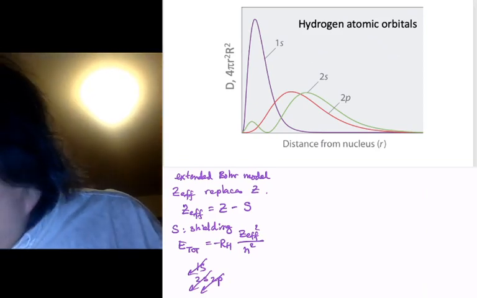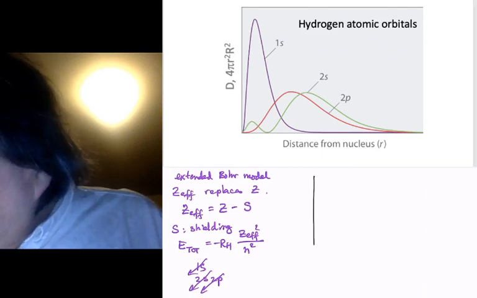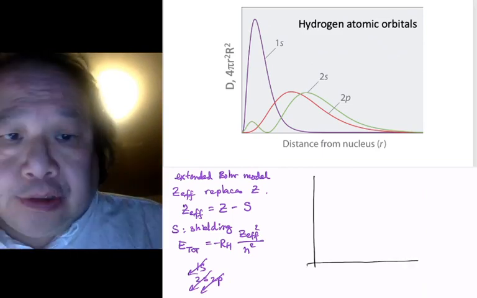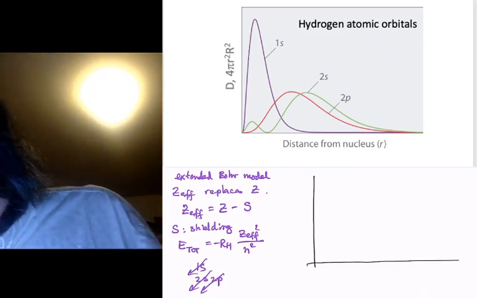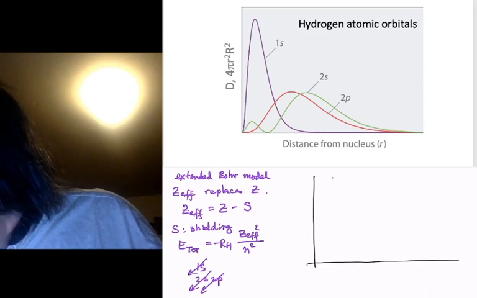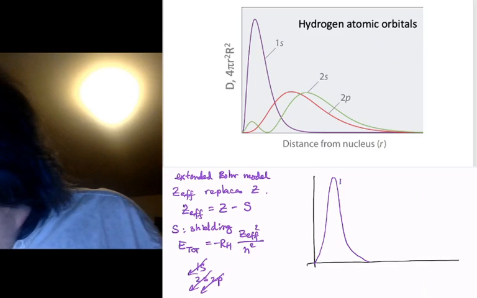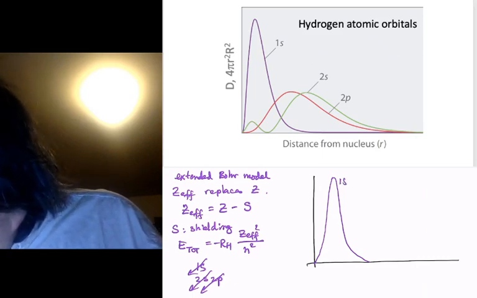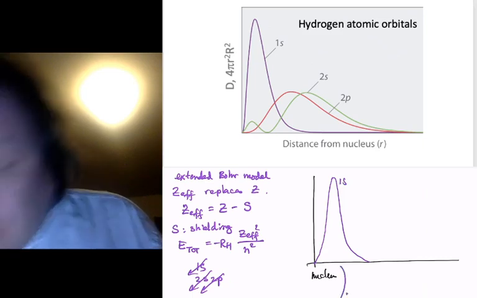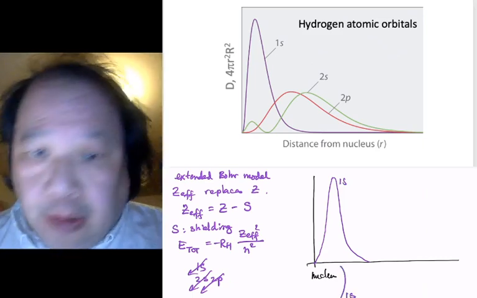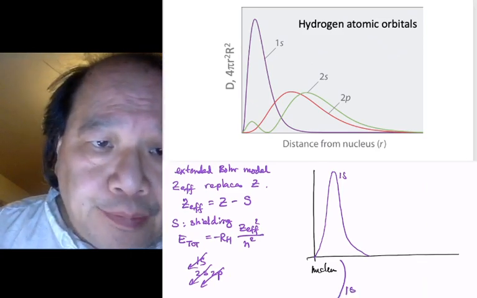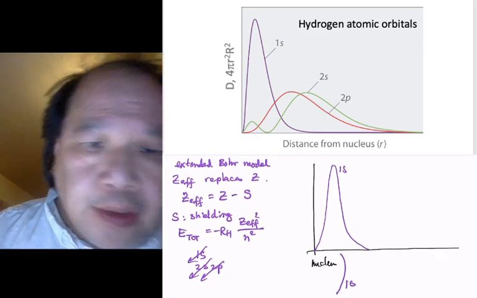The idea was that if we were to look at it like this, here's the 1s, there's the nucleus here, and the 1s is a shield. I'm going to move that up. The 1s is a shield.